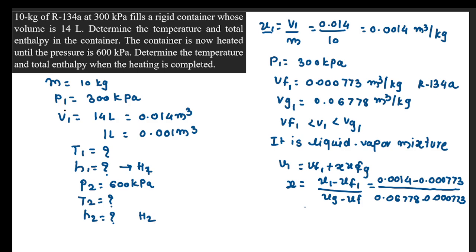If we calculate this value, x1 is 0.000627 divided by 0.06707, and the dryness fraction at the initial stage you will get as 0.00935.